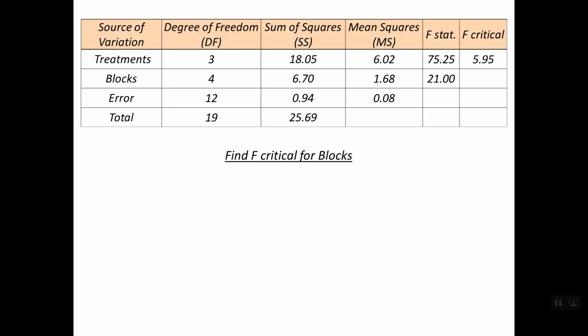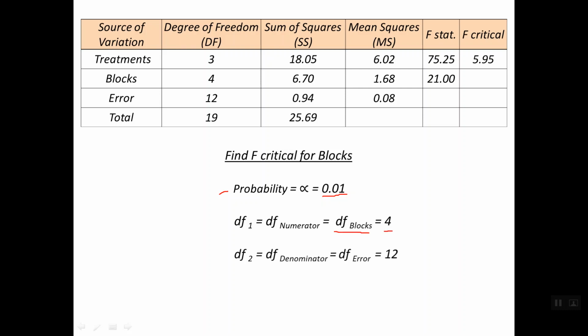So we fill this value inside the block design ANOVA table. The same way, to get the F critical for the blocks, we have the probability, which is equal to alpha 0.01, and for the first degree of freedom, it is the degree of freedom for the blocks, which is equal to 4, and for the second degree of freedom, it is the degree of freedom for the error, which is equal to 12.